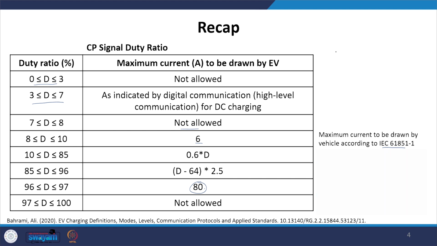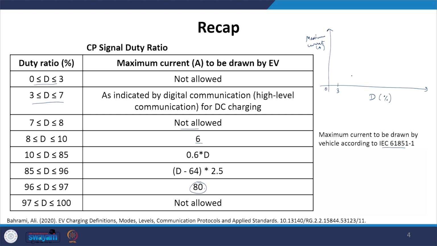So if we see how our maximum charging current varies with respect to duty ratio, and this is the maximum current, let us define in ampere. Starting from 0, it is in percentage, so it goes from 0 to 100%.